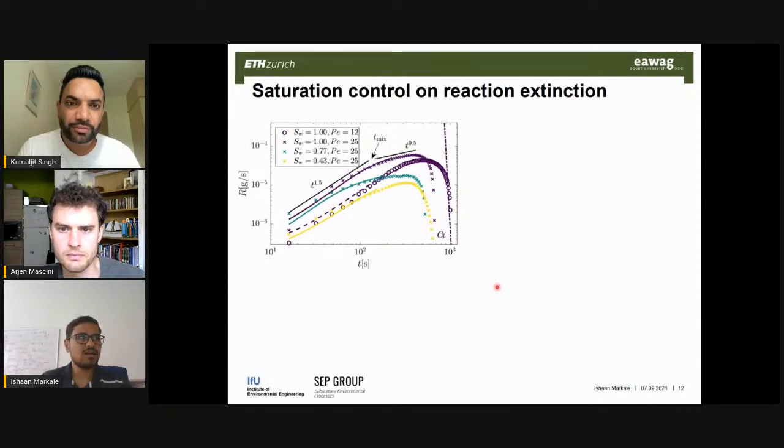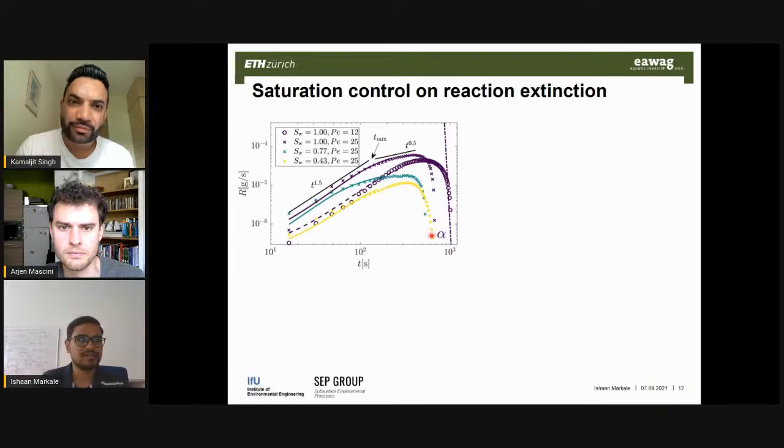So the solid lines that you see here, they stop when breakthrough occurs. That means that the first part of the front is already reaching our visible domain. And what we noticed when we were looking at the experiments was that this rate of change, this slope alpha of how fast the reaction dies down, is changing with different saturations.